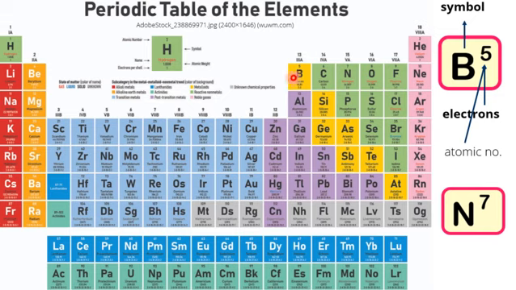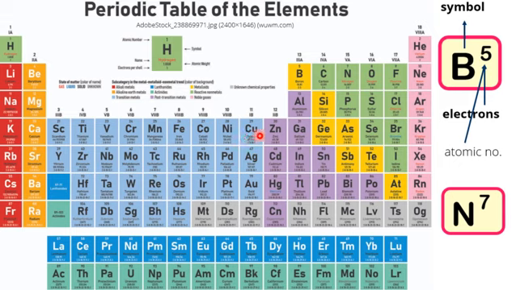Lithium, beryllium, boron, carbon, nitrogen, oxygen, fluorine, and neon all belong to period number 2 because they are located in row number 2, and so on. So that's how the group and period differ from one another.